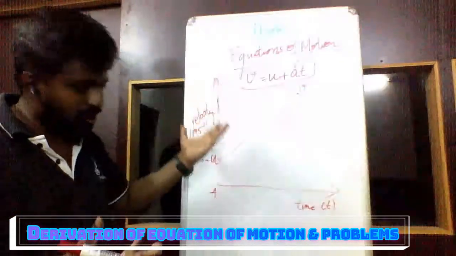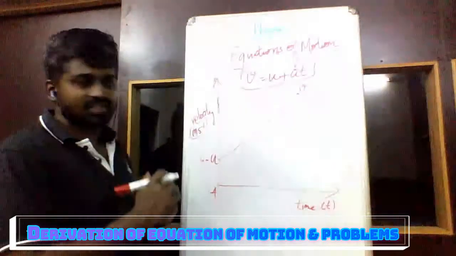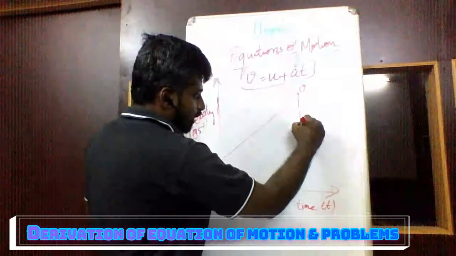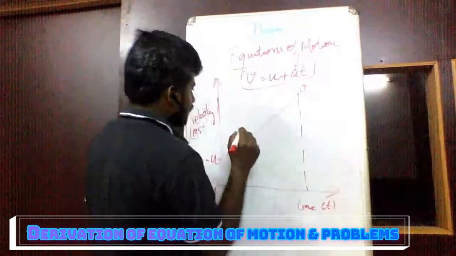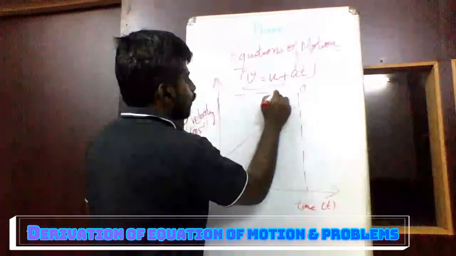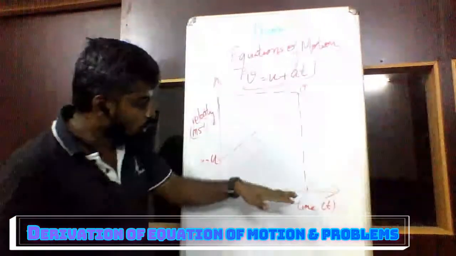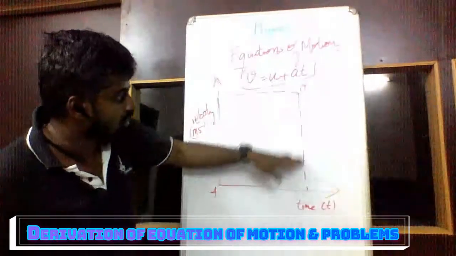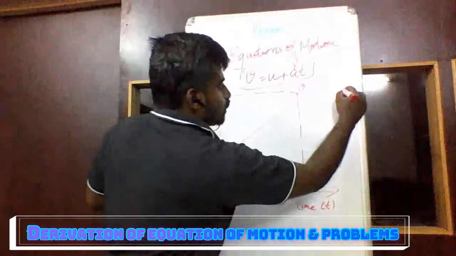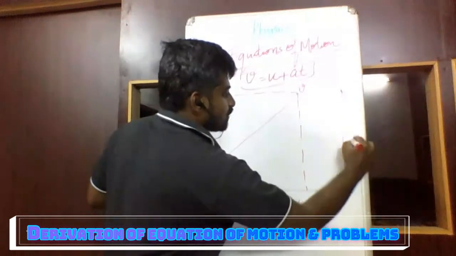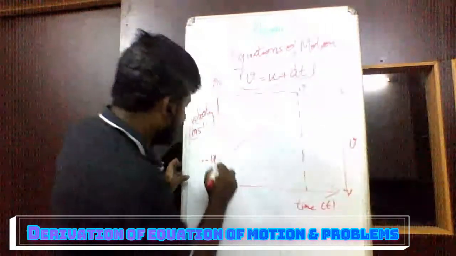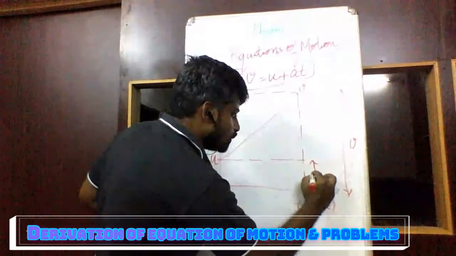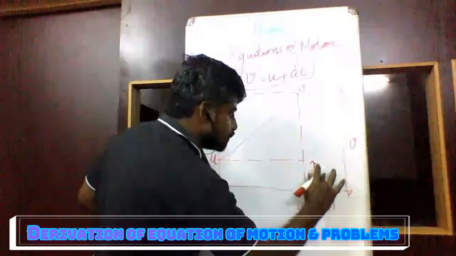We have already completed the derivation. Now I am bringing these dotted lines to the x-axis and I am moving it to the y-axis. So it's a point zero. This is the initial velocity and this is the final velocity. So the whole line is the final velocity v, and this one, you see, this is u.